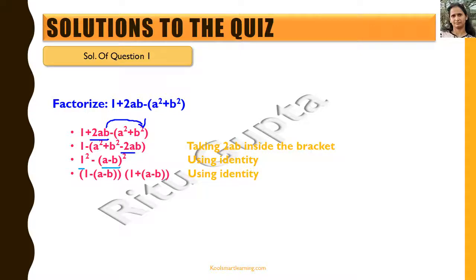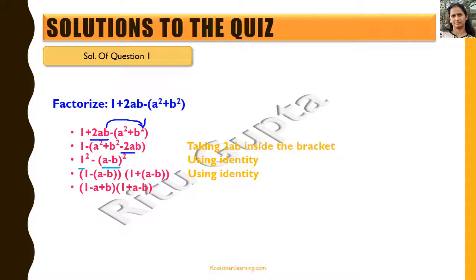So now we use another identity here, which is a square minus b square is equal to a minus b multiplied by a plus b. So in that expression we use this identity and it becomes 1 minus within brackets a minus b multiplied by 1 plus a minus b.